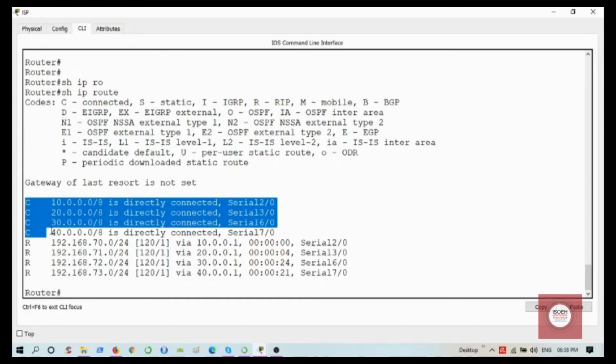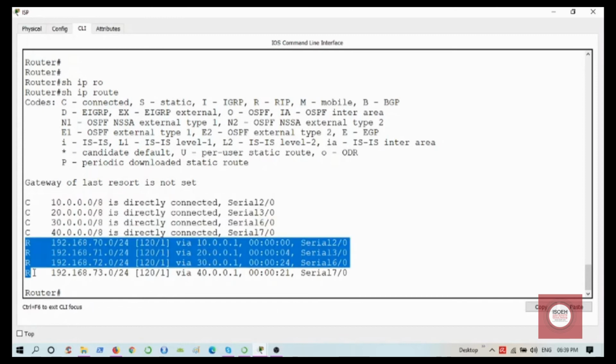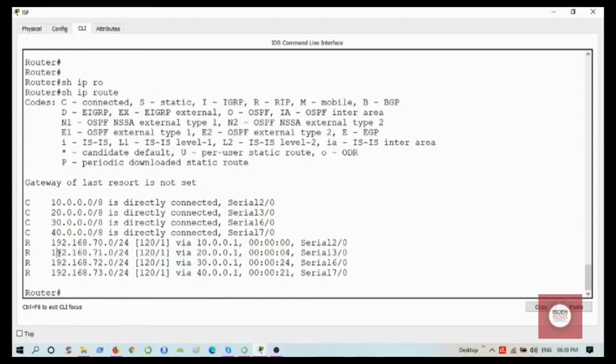These four networks are directly connected, but these four networks are not directly connected, but they are connected using this method, R means RIP. So we are good, and you see these are the interfaces through which they are connected. These are the interfaces of the routers R1, R2, R3 and R4.